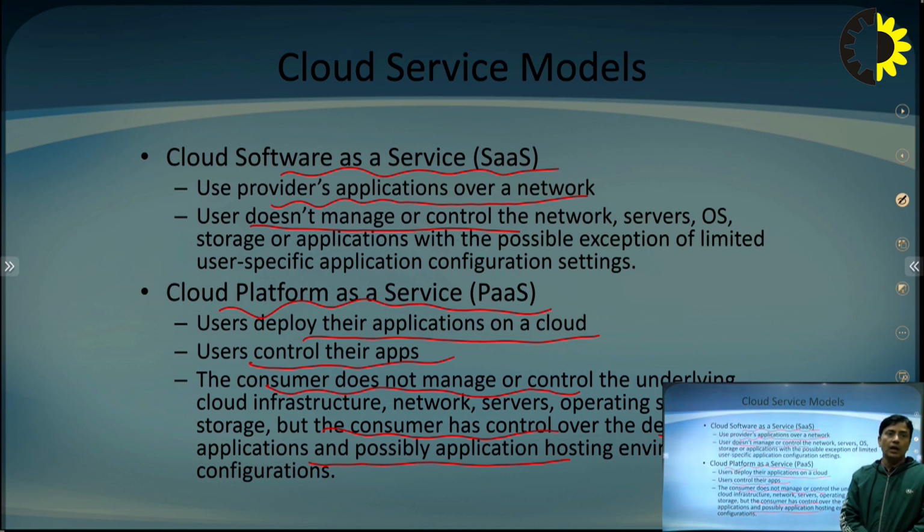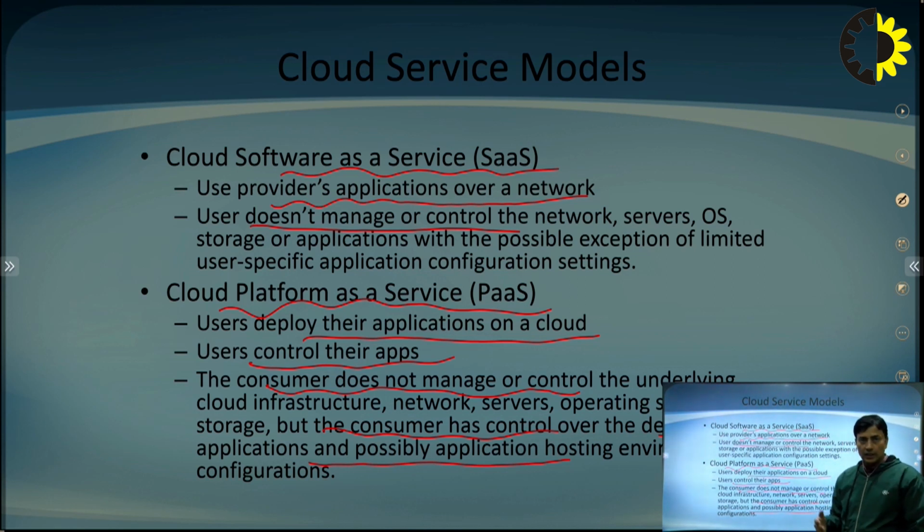So with platform as a service, you have control over the applications and over the hosting of the applications, but you have no control over the infrastructure or hardware resources like network, storage, and CPU.